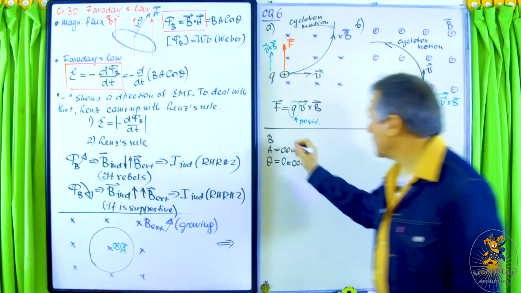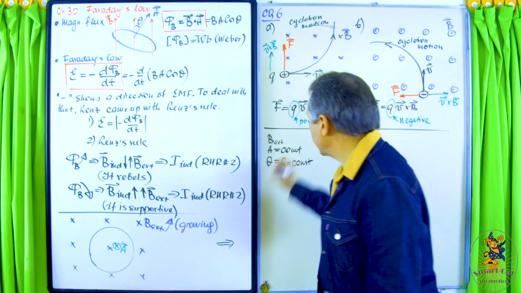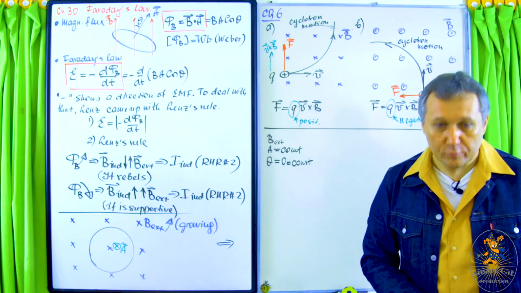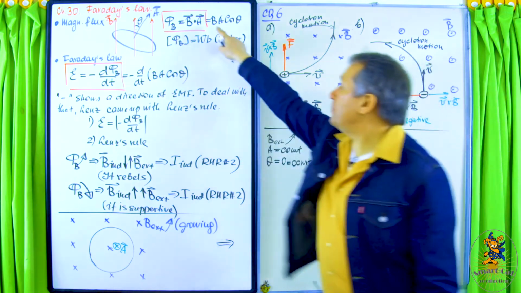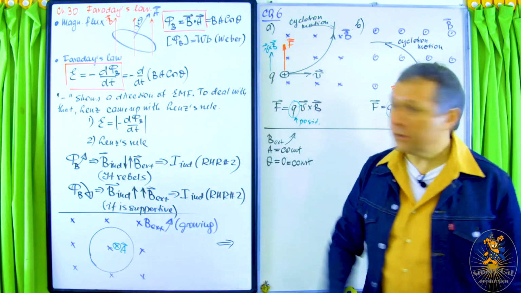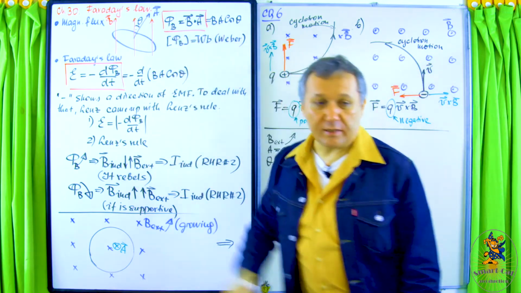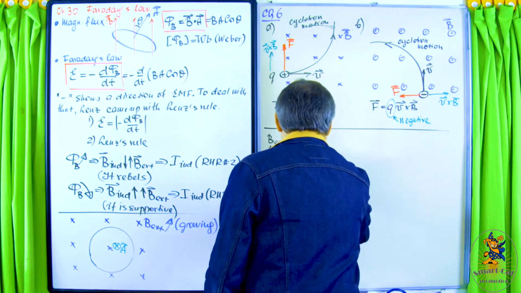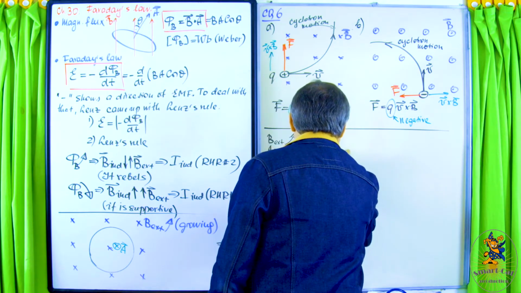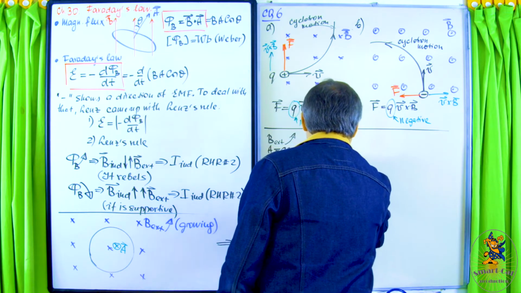And yes, this is the external magnetic field, probably I should emphasize. Of course, the external magnetic field is growing, it's going up. So as a result, B A cosine of the angle, since B is growing, the magnetic flux is going to grow. So it means that magnetic flux is growing.